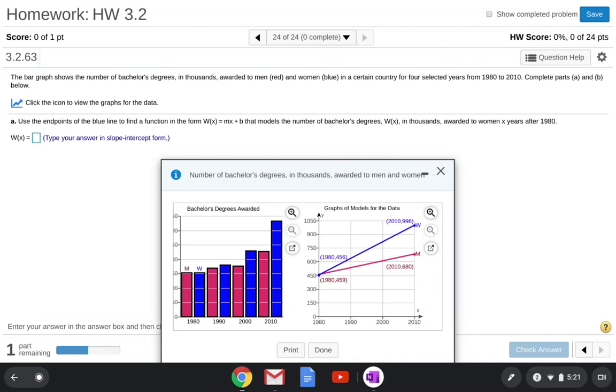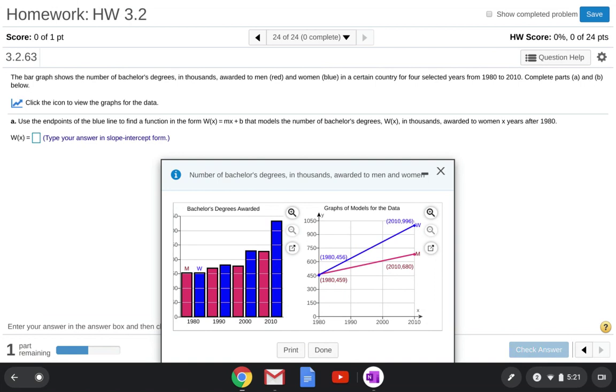For A, use the endpoints on the blue line to find the function w of x equals mx plus b, where w of x, in thousands, represents women getting bachelor's degrees from 1980 to 2010.